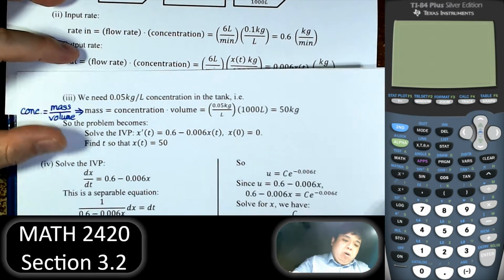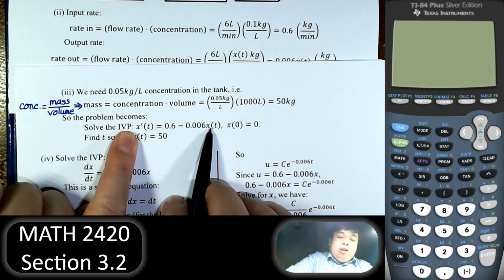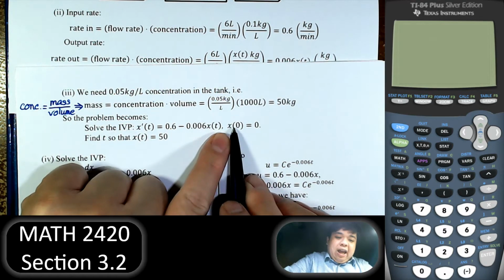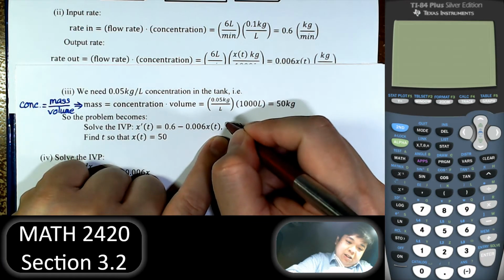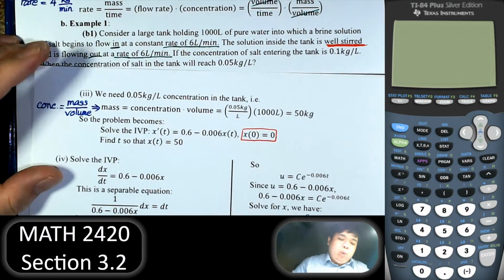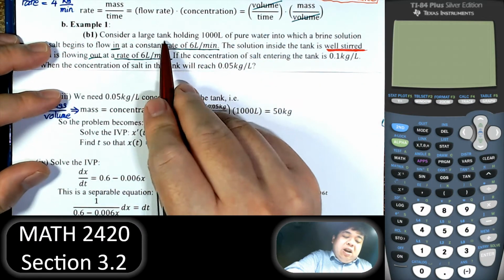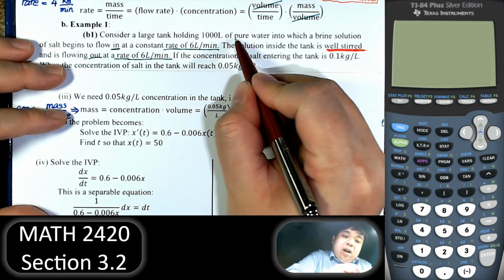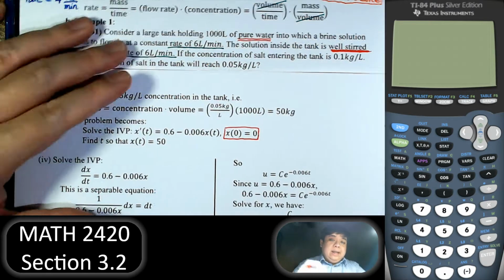Right. So the problem becomes the initial value problem. This is the differential equation, x of 0 equal to 0. Why do we have this? Let's look at the problem. It said, consider a large tank of pure water. So originally there's no salt in the tank.